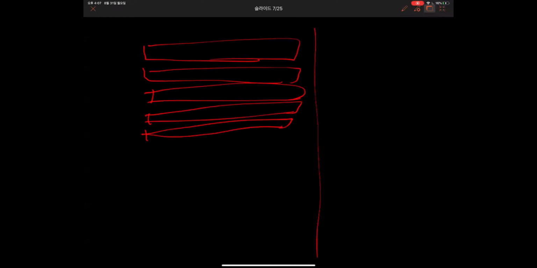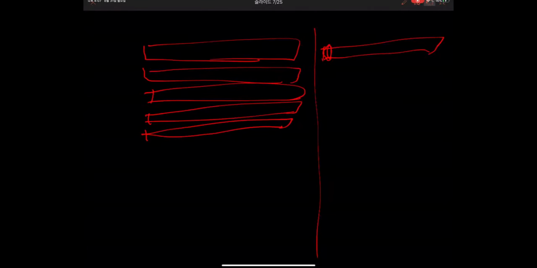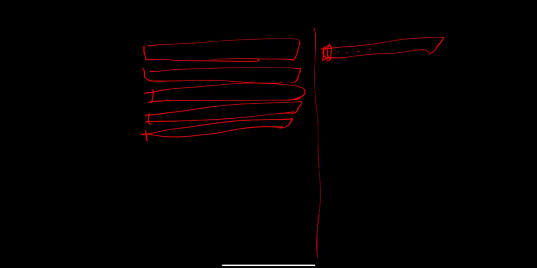What do I do? I maintain the index. Therefore, index in this case is the min value. So this value, and keep comparing it with all the rest of it. If there is one smaller than me, I swap it, right? Then where's my next point? Next point is here. Okay, then from here I keep checking.